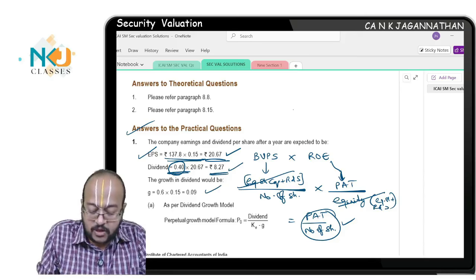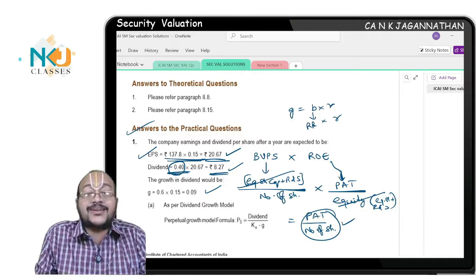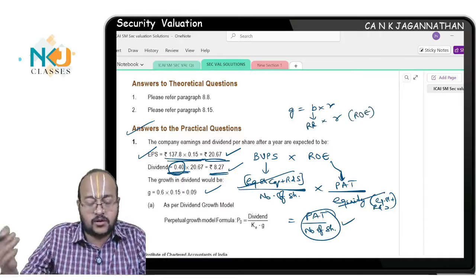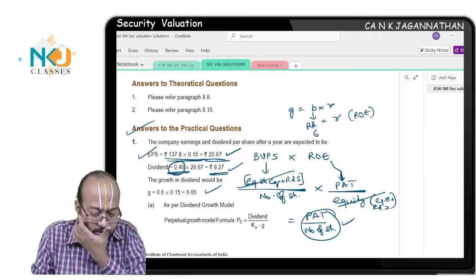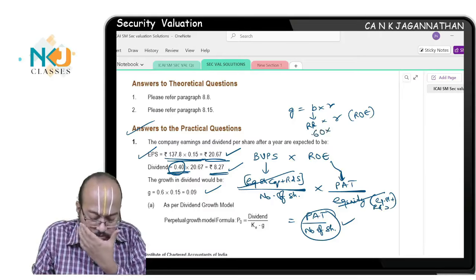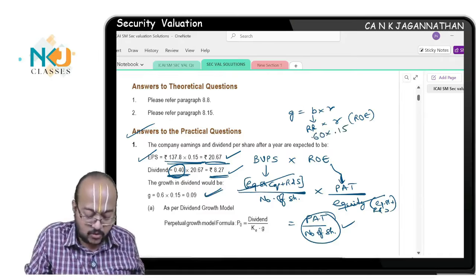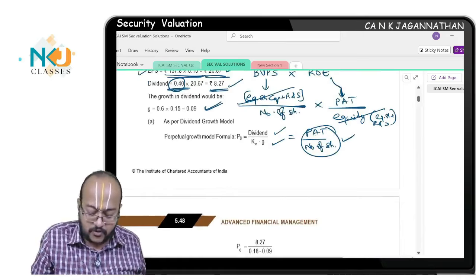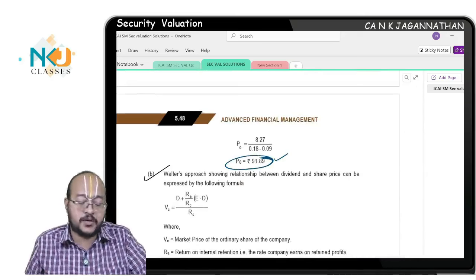G is equal to b into r, where b is the retention ratio and r is the rate earned on the retained portion, which here is the return on equity. So 0.6 into 0.15 gives 9% as the growth. Apply the formula and you get 91.89 as the value per share as per the dividend growth model.